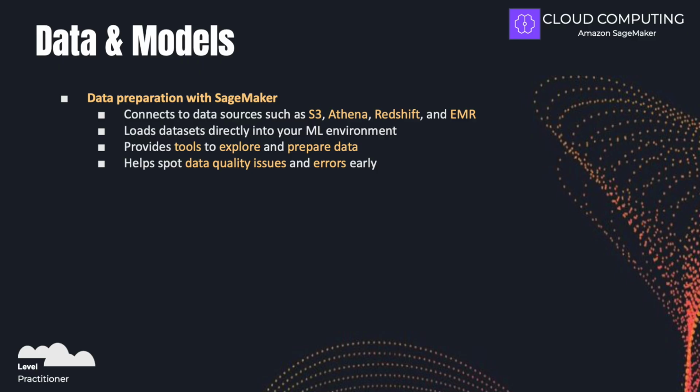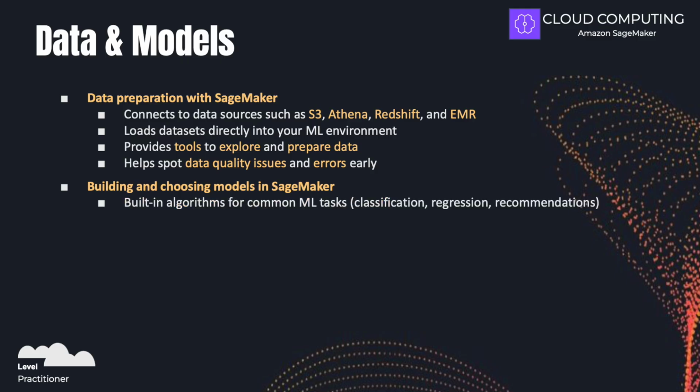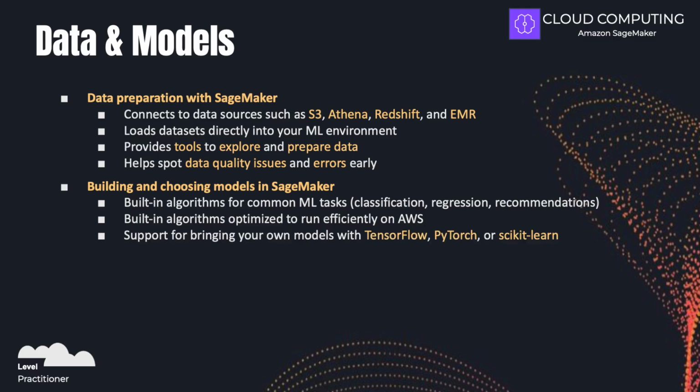Once your data is in good shape, the next step is building and choosing models in SageMaker. SageMaker provides a library of built-in algorithms for common machine learning tasks such as classification, regression, and recommendation. These are ready-to-use models that are optimized to run efficiently on AWS. At the same time, SageMaker supports bringing your own custom models as well.